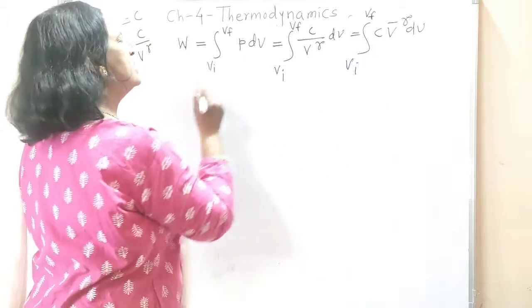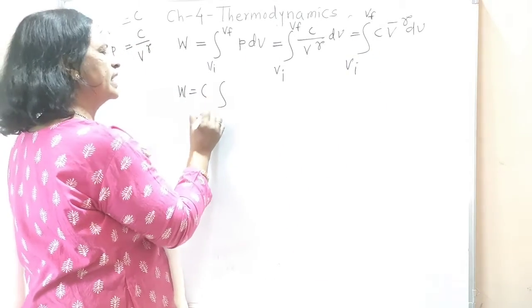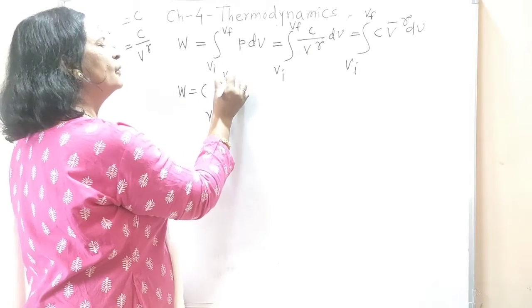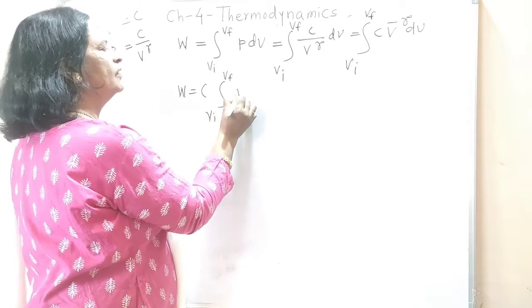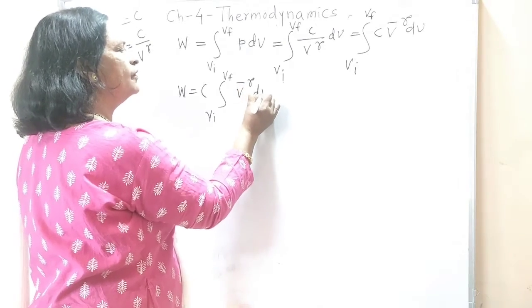If this C is constant, then it is taken outside the integration sign, Vi to Vf. Okay. Then V raised to minus gamma into dV.